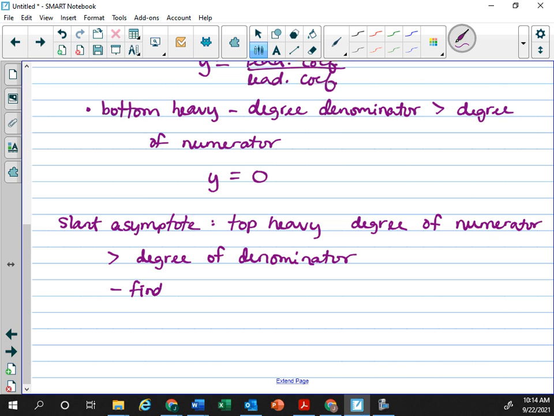And you find this with long or synthetic division. So there's a reason we review that before we get to graphing rationals.